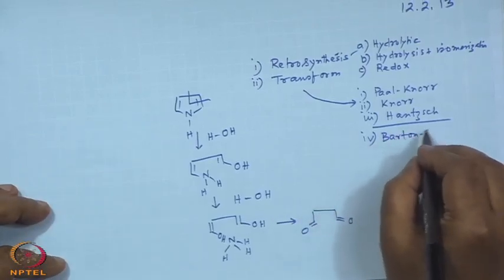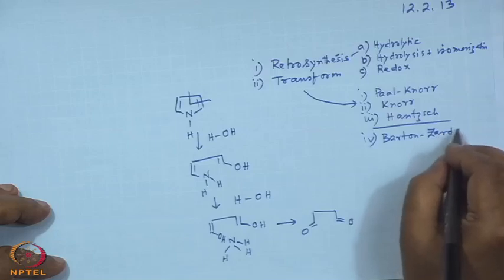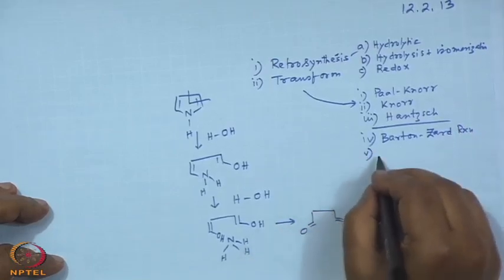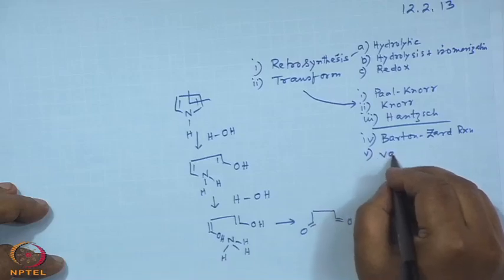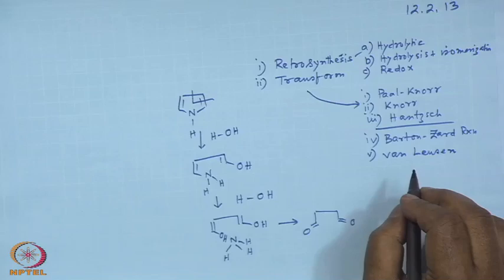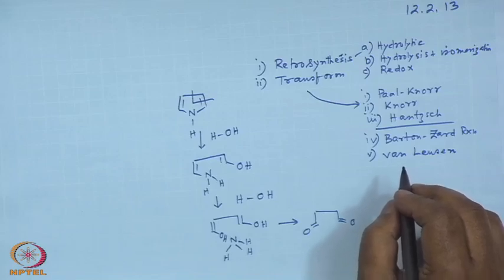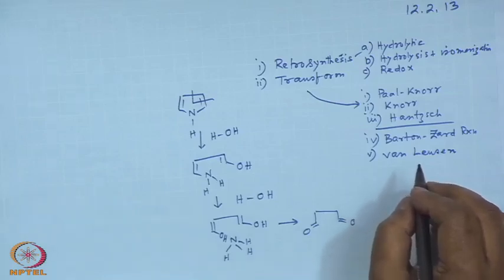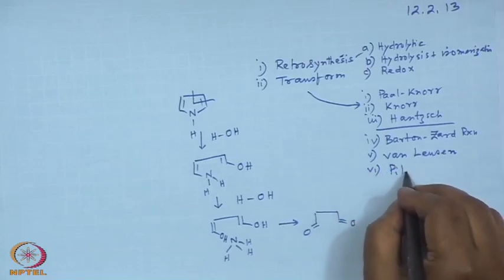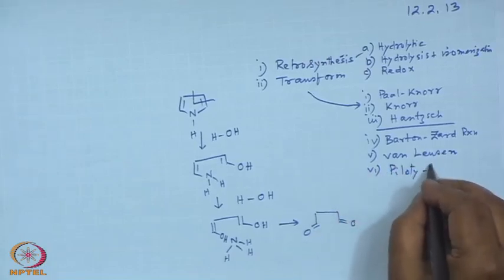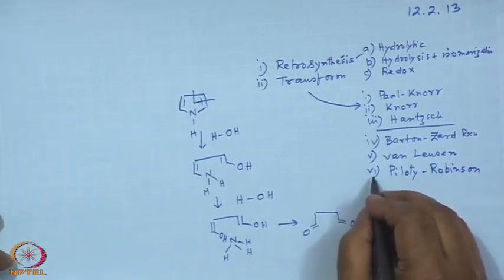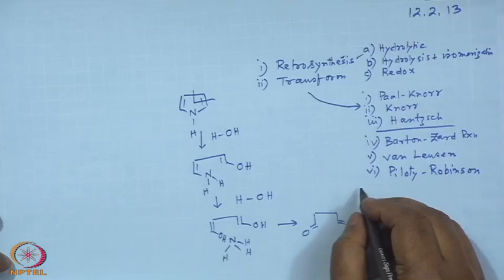The first, a very useful one, is called the Barton-Zard reaction, and then there is one called Van Leusen pyrrole synthesis. Likewise there are many more. I think maybe one should also know the Piloty-Robinson synthesis.